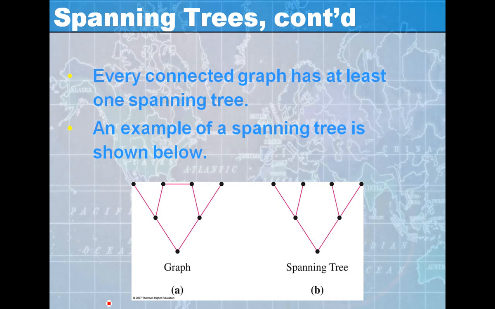So these are spanning trees. This is our original graph, and here's the spanning tree that goes along with that graph. Notice it's connected, it doesn't have any circuits, and it goes to all of the points, or all of the vertices.